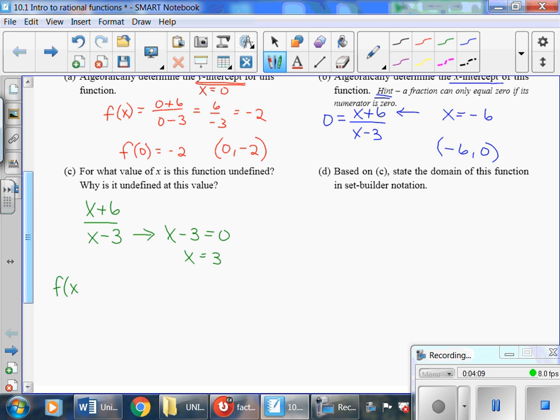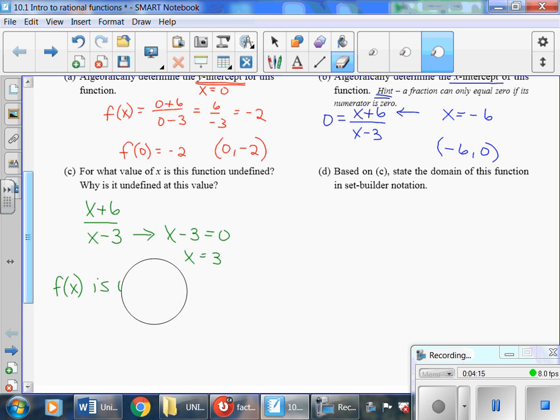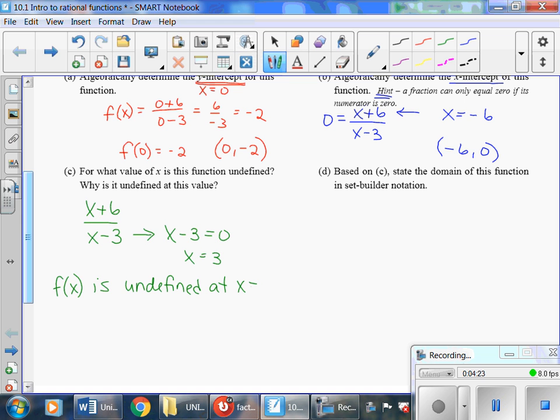So I would answer this probably as f of x is undefined at x equals 3 because the denominator is equal to 0. Well, let's say when x equals 3, even though it seems a little redundant.